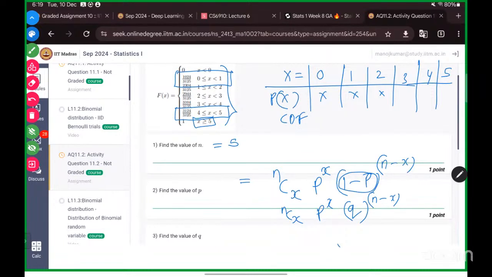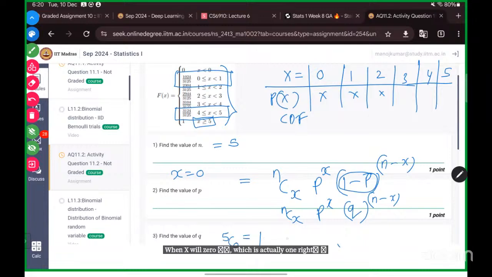So you want to find p of this. When x value is 0 and n value is 5, 5c0 is actually 1, right? Then 0 times. Can you do it? No, this is not the better option.